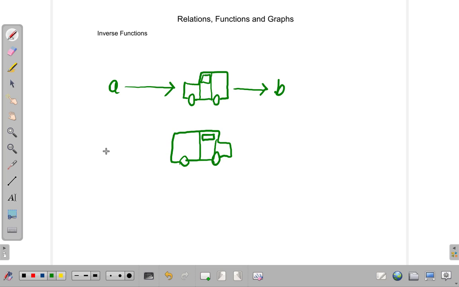And then I take the output B, put it in the back of the truck, in the exhaust, and out comes my gasoline, A. If you could do that, you wouldn't have to buy gas anymore. Just turn the exhaust back into gasoline. But anyway, what you have here is a function and its inverse.